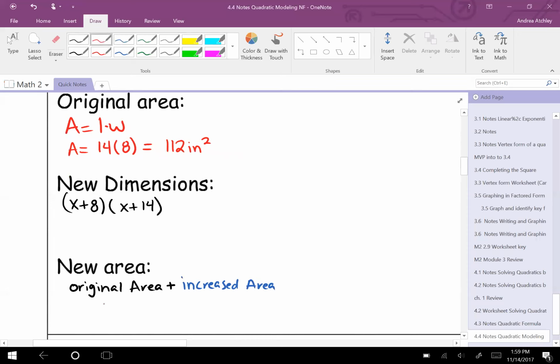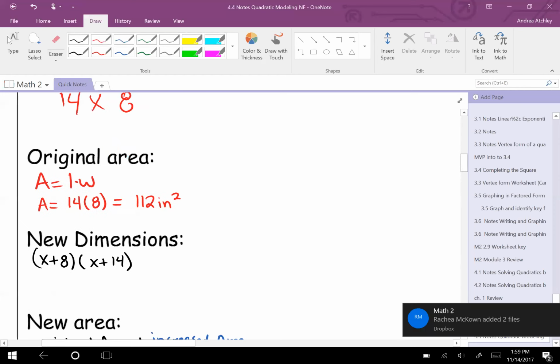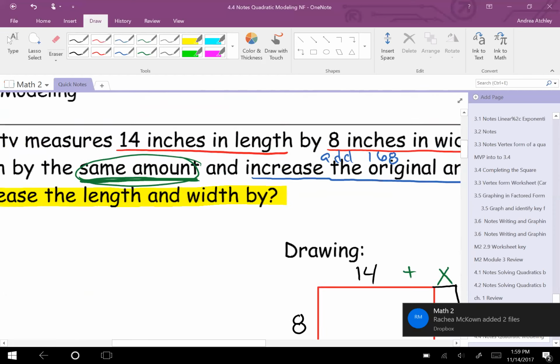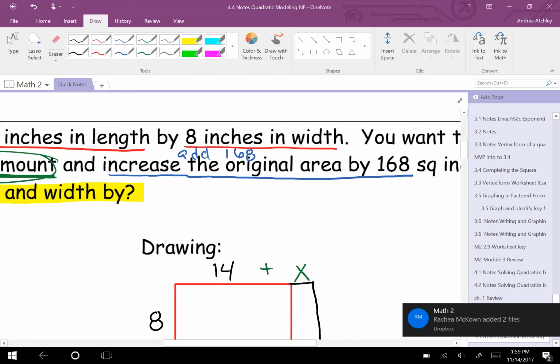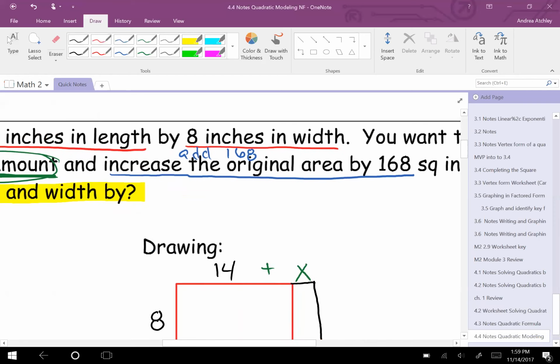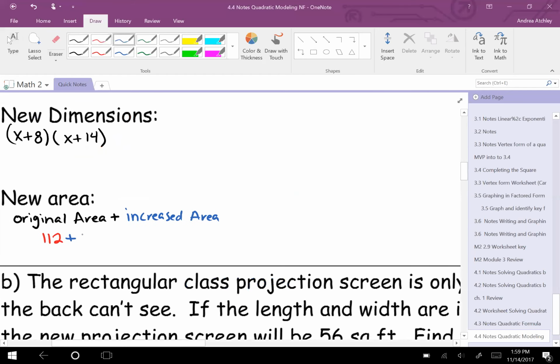So my original area was 112. And what am I increasing the area by? Very good. I'm increasing by 168 square inches, to get a total of 280, yes. Any questions over that? All good.